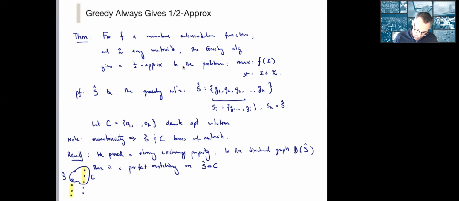And the theorem tells us, remember the graph D of S hat, the directed graph, has an edge from the independent set on the left to the complement. So this set here is E minus S hat, has an edge if I can swap those two elements and still remain independent. And what we saw is that there is a perfect matching, and moreover, we can swap all of those elements simultaneously and still stay an independent set.